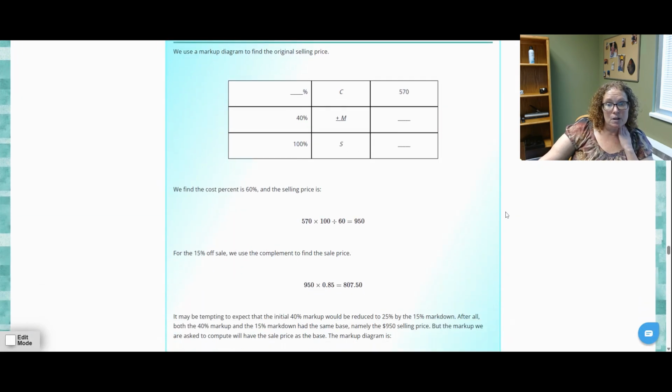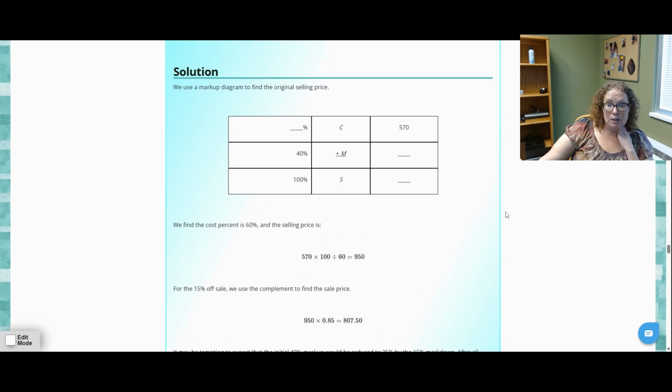So there's a couple of steps. We do the complement of 40, which is 60, and we have 570 times the 100 in the bottom corner divided by the 60 if we wanted to do it that way.